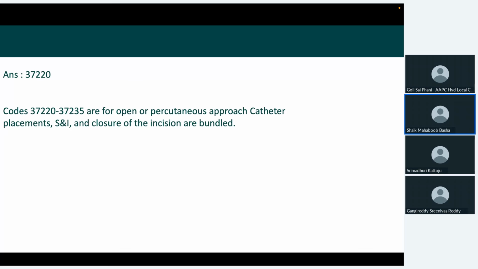Falling under the open approach, we still follow the same set of codes. 37220. The rationale given: codes 37220 to 37235 are for open or percutaneous approach, catheter placements, S&I and closure of the incisions are always bundled. So you can give the respective modifier.